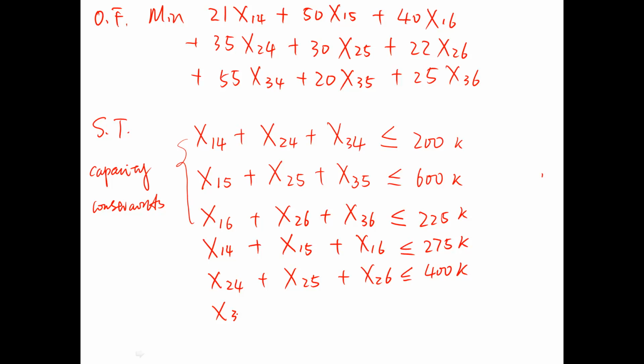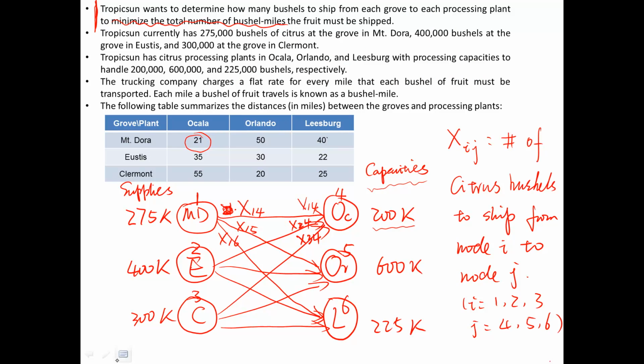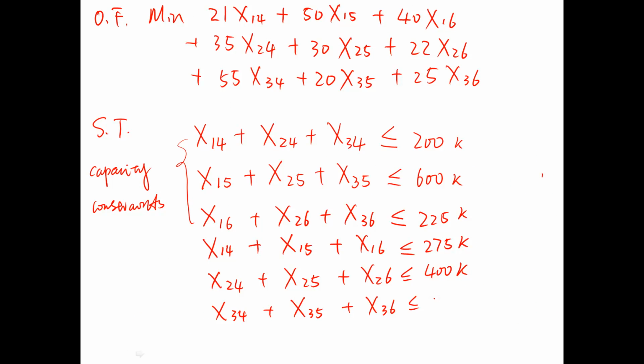Then X34 plus X35 plus X36 should not exceed the supply there, 300,000. Okay, so these are the supply constraints.